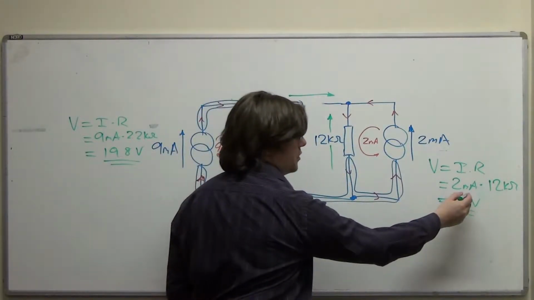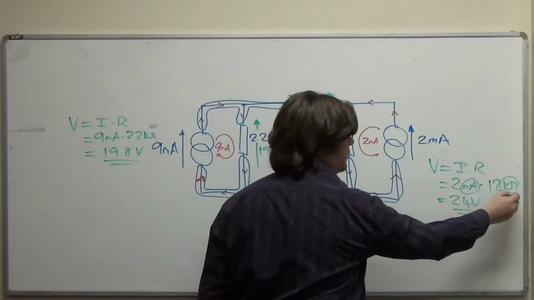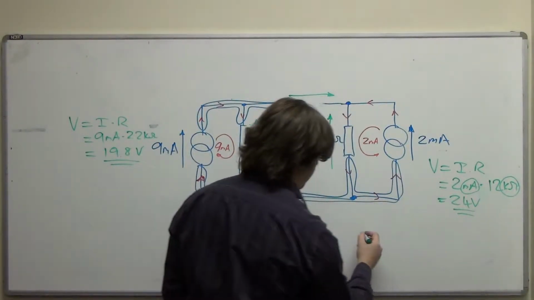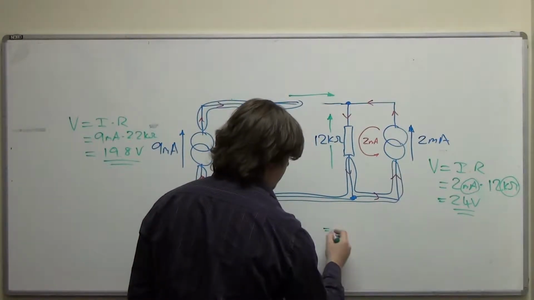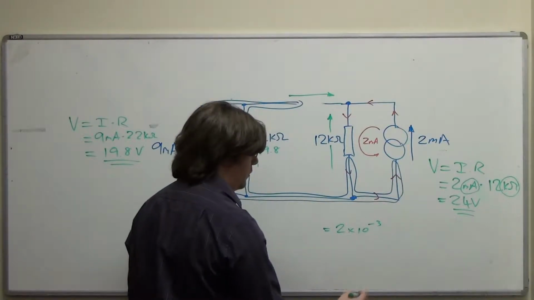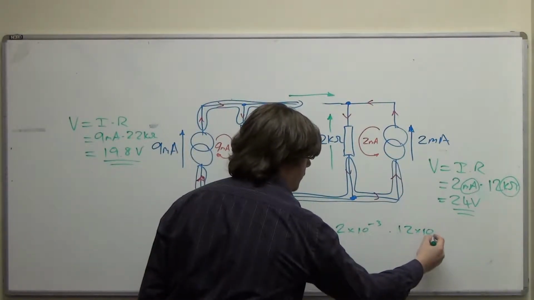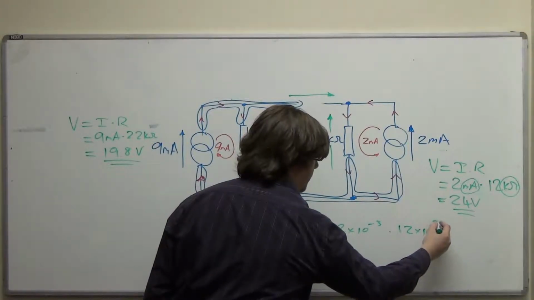There's a 10 raised to the minus 3 here, and there's a 10 raised to the plus 3 here. So you could say, to do this line, is 2 times 10 raised minus 3 times 12 times 10 raised plus 3.